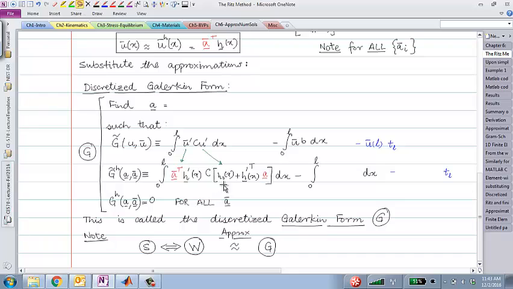So all of that thing in the square bracket, I hope you can see that that's u prime, du dx. And actually I need a prime on this h0 as well. So I have my approximation for u bar prime and I have my approximation for u prime. All I've done is plug in those approximations in this term.